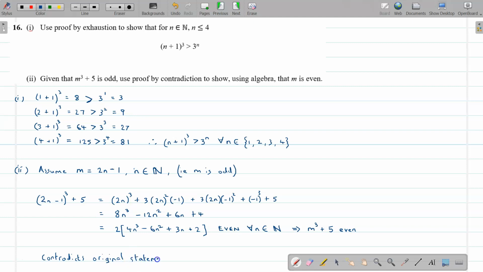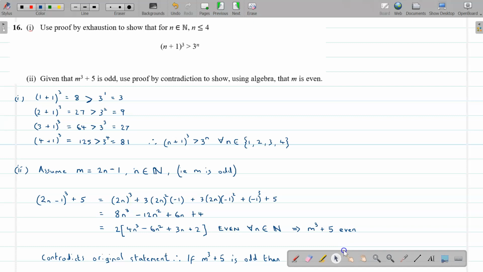And then we just need to say, therefore, what does it actually mean that it contradicts the statement? Well, it basically means that if m cubed plus 5 is odd, then it actually means that m must be even.